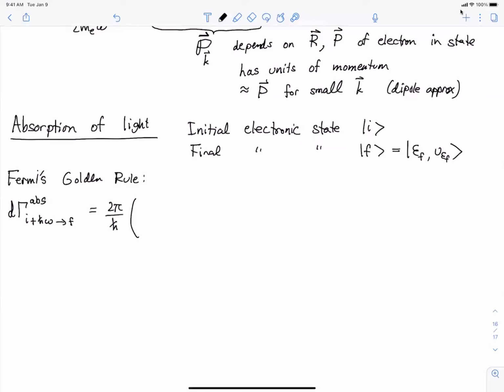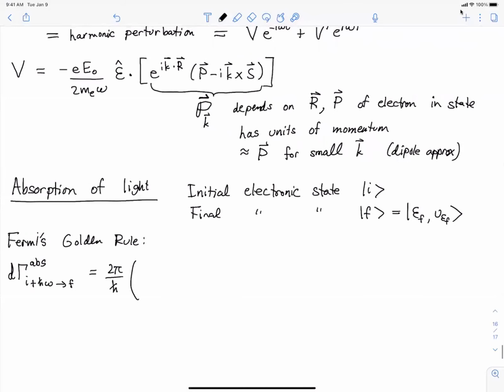And now we just have to write down this factor here that occurs in our perturbation Hamiltonian. And this matrix element's going to get squared. So I'm going to get a factor of this squared. Okay, so this is little e electric field over twice the mass of the electron times the frequency, all squared. So we've taken care of that part.